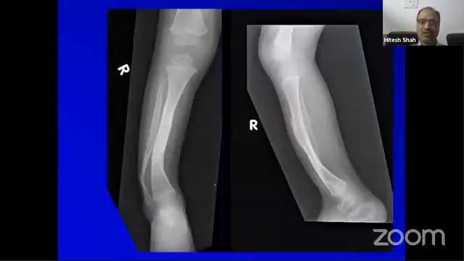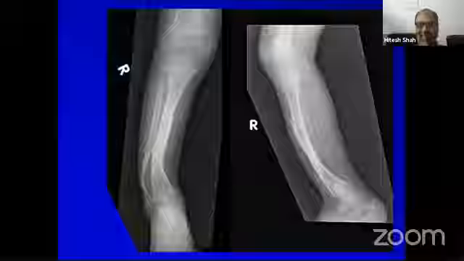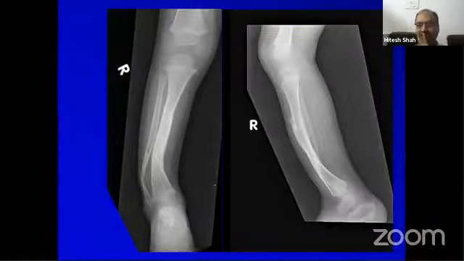Okay, so this is the X-ray. Can you read the X-ray? Same child. What will you describe? Is there a fracture, or is it only bowing, or bowing with fracture?